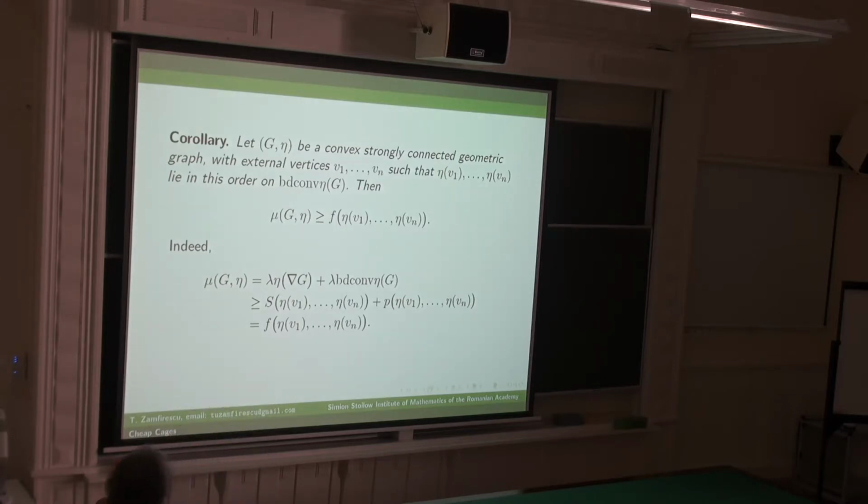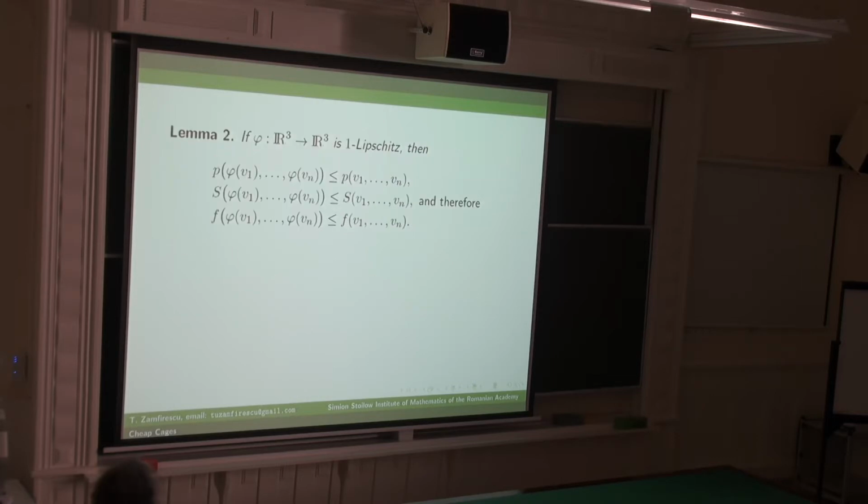As it was defined, this must be greater or equal to S of eta of those projections. And the other one is P, the perimeter, which is exactly the definition of F. So this is immediately a corollary we get. This is elementary. If the function phi is 1-Lipschitz, then we have that and that and that. We see immediately that they only decrease.